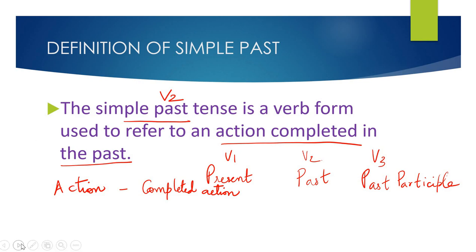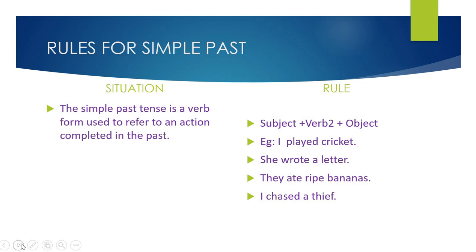Now let's move to the next slide. Here we have the definition as well as the rule that is applicable for simple past. Simple past tense is a verb form used to refer to an action completed in the past. So the verb form that we have used here is V2 and the action itself got over in the past.